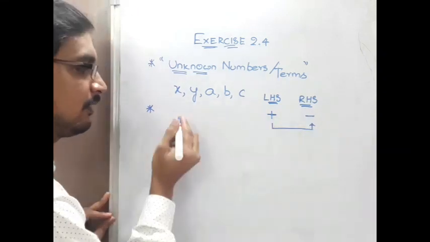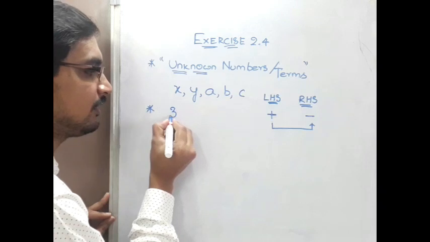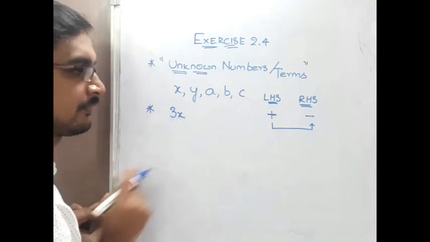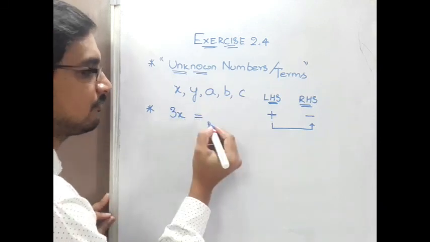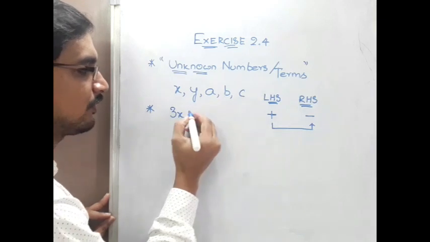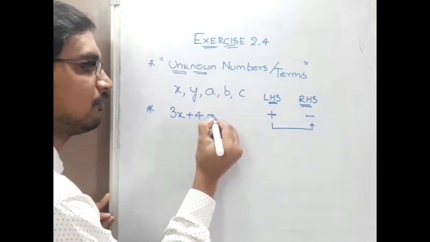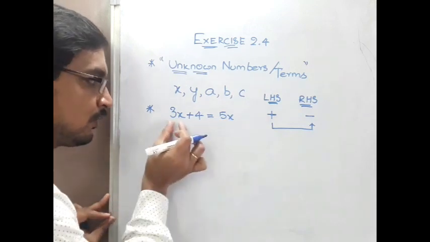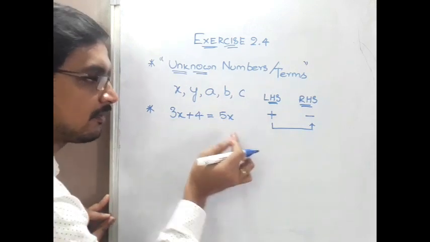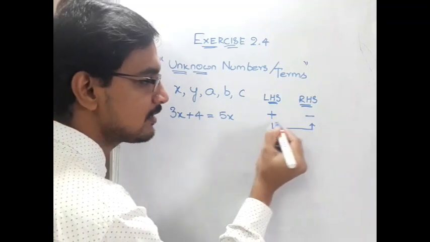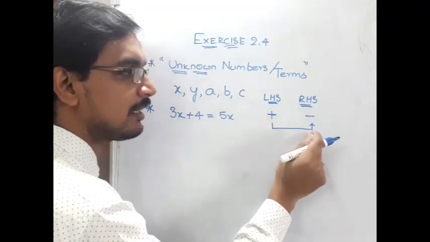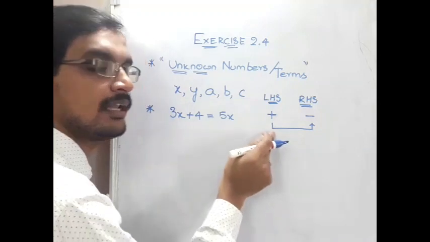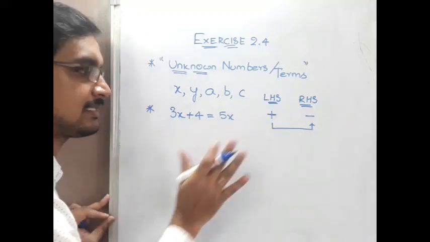I will give you an example. For example, 3x plus 4 is equal to 5x. Plus, if we take to the other side, will become minus, and minus, if we bring to the LHS side, will become plus.